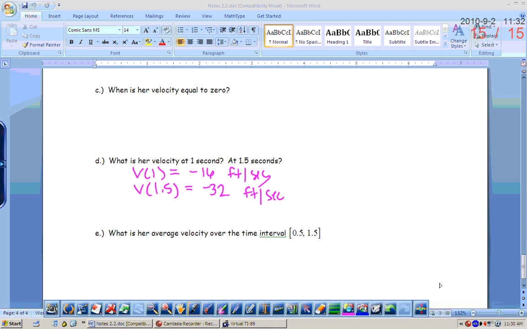Okay, what is her average velocity over this time interval? Now what am I going to use? The average velocity formula, which is just the change in s over change in t, or your slope formula. So s of 1.5 minus s of 0.5. Okay, I'm going to let you use your calculators to find that.